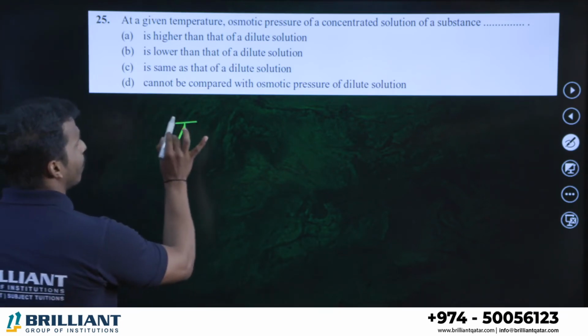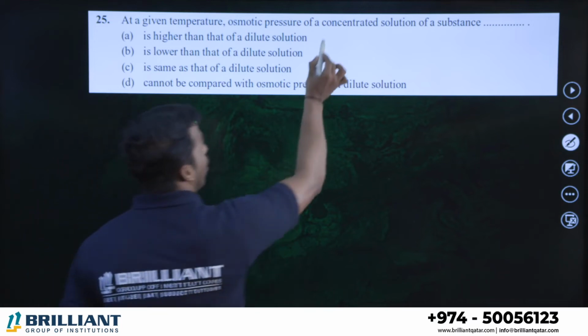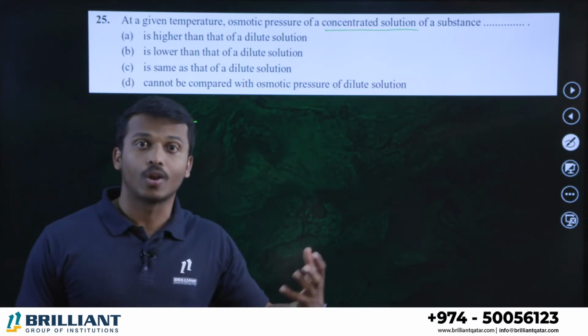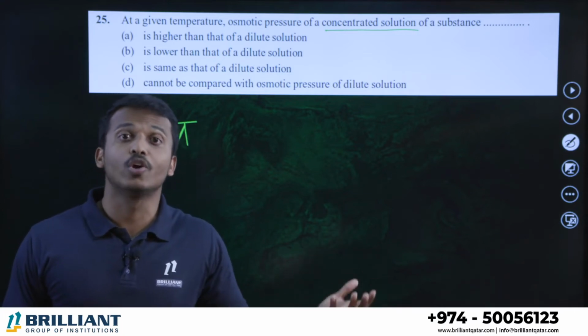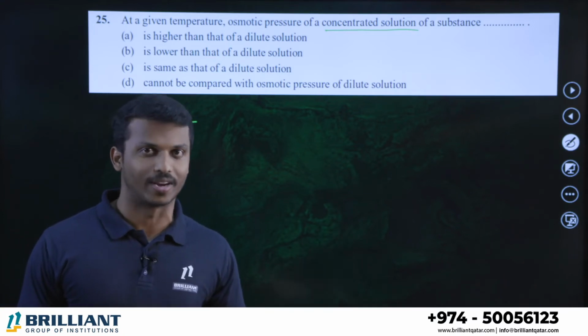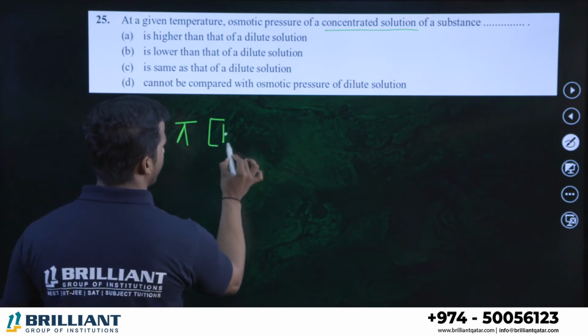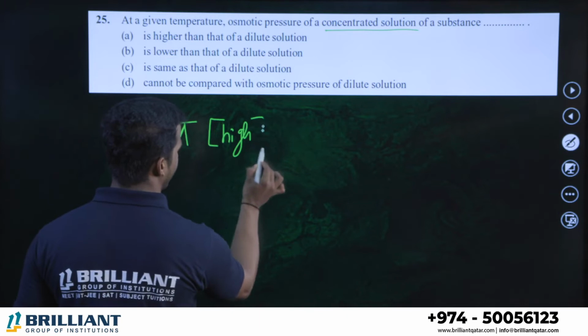What is meant by a concentrated solution? There are a lot of solute particles. That's called a concentrated solution, right? So for a concentrated solution, osmotic pressure will always be high.